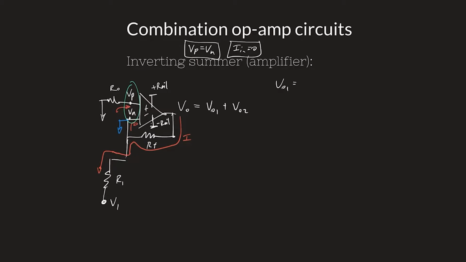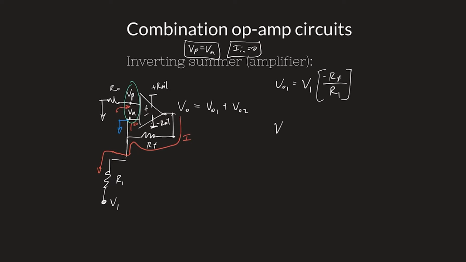So this should remind you of the inverting amplifier. Just by itself, this is an inverting amplifier. Without V2, it's an inverting amplifier. So what is the gain term for the inverting amplifier? Well, we have the input, in this case V1, times the gain term, minus RF over that resistance down there. In this case it's R1.